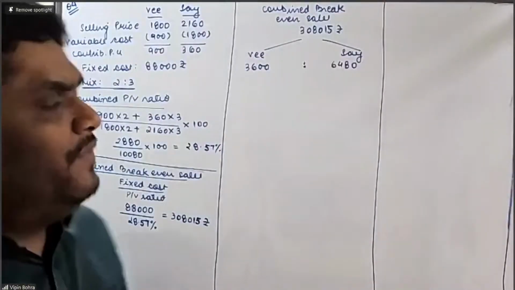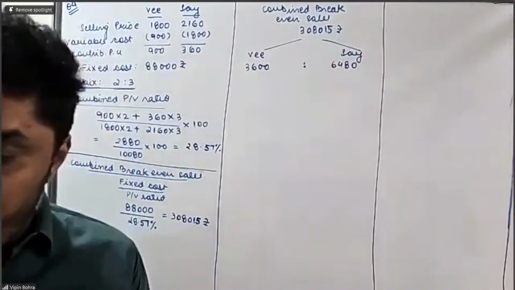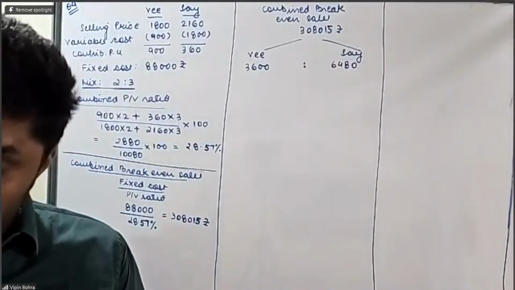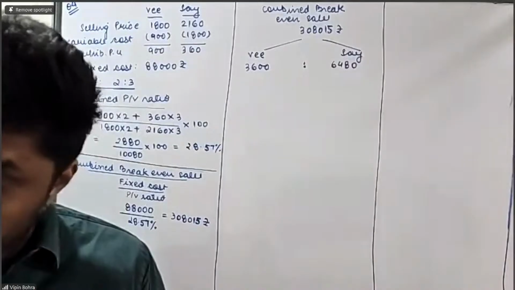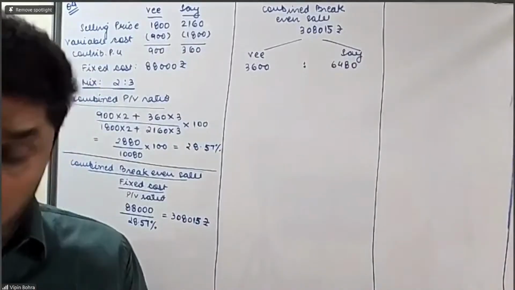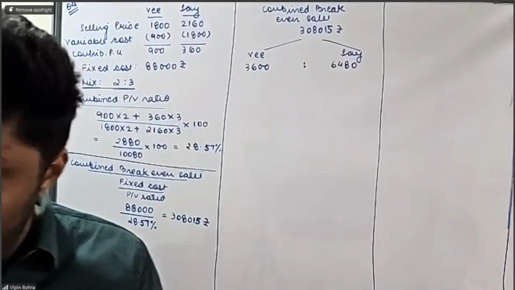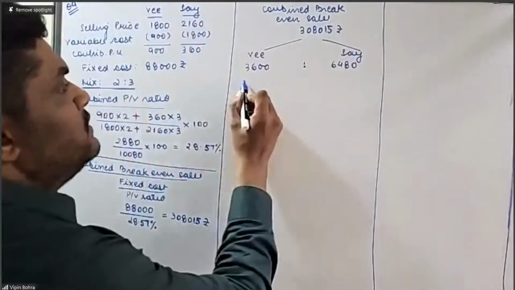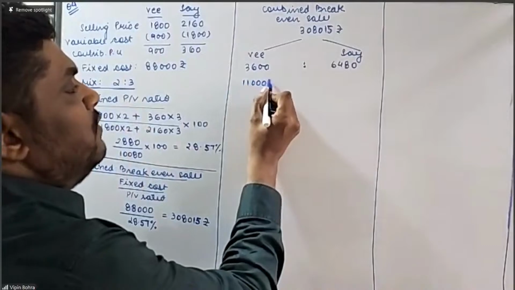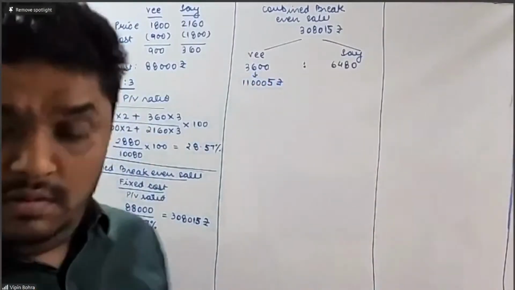So here, 308015 distributed gives 111005 rupees.